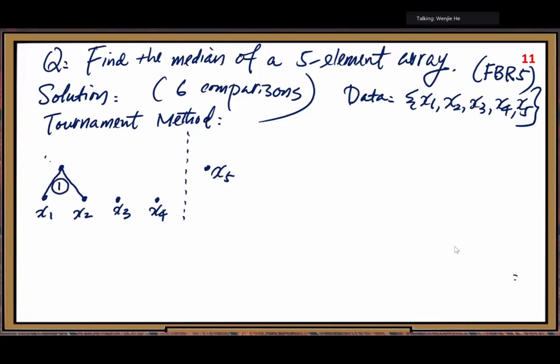In the second comparison, we assume X3 is the winner. The third comparison is between the 2 winners, and let's assume X1 is the winner.